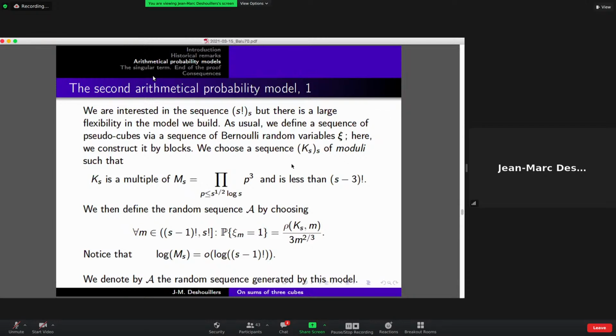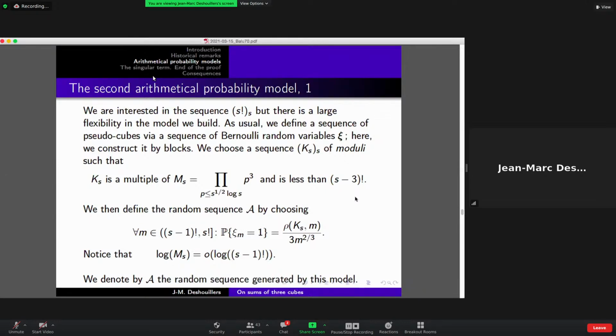Now we define the random sequence A, and we define it by blocks. In the interval s minus 1 factorial to s factorial, we say that the probability that psi(m) is equal to 1 is rho of ks of m, times 3 m^(2/3), that is to say, exactly what we had in our arithmetical probabilistic model, and this is the correct normalization m^(2/3).